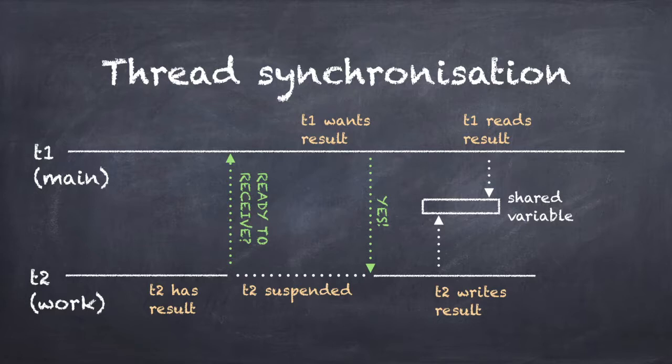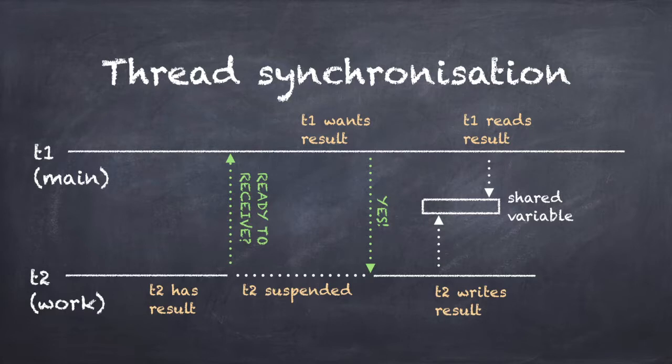The main program thread enters its own loop, and just before reading the shared variable, it sends a signal to the work thread: "Yes, I am ready to receive data." The work thread receives the signal, unsuspends itself, and writes the first result into the shared variable. The main program thread then reads the result from the variable, and the cycle continues in the next loop iteration.